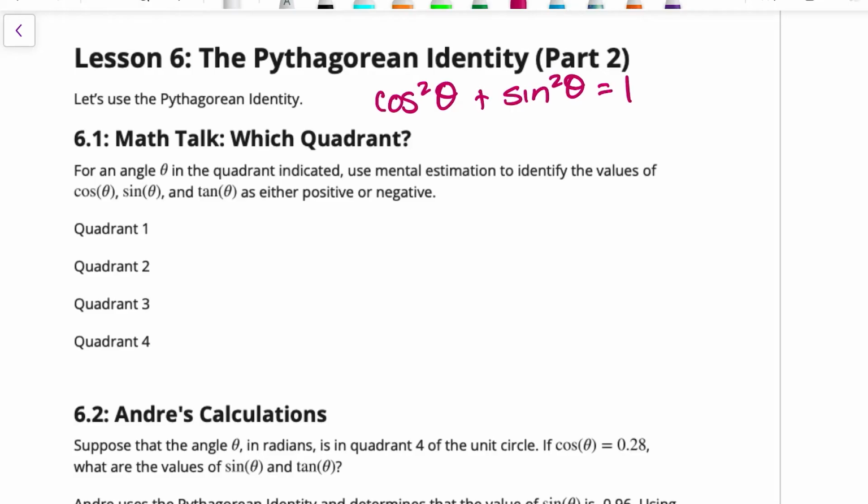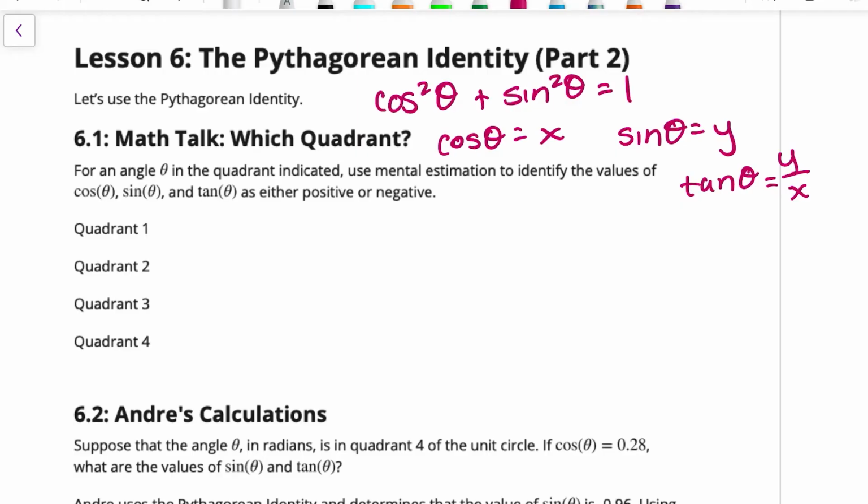So taking a look at 6.1, for an angle theta in the quadrant indicated, use mental estimation to identify the values of cosine, sine, and tangent as either positive or negative. Remember that cosine of theta is our x value, and sine of theta is our y value. And then tangent is our y over x, because it's the same thing as sine over cosine.